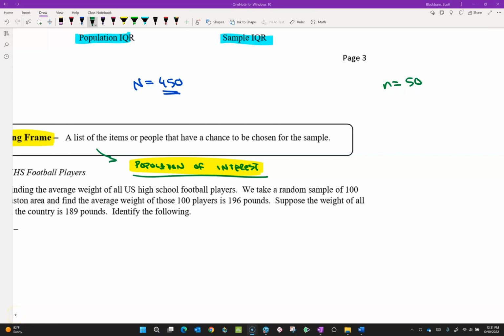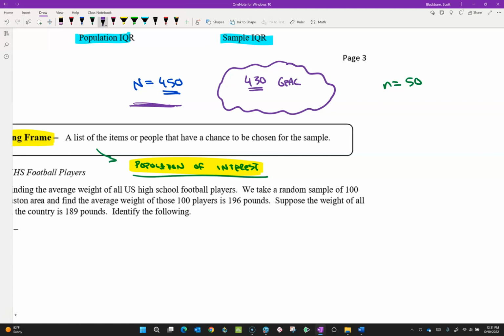So on a given day, let's say everyone is in the auditorium, and I randomly pick certain seats in the auditorium, at the GPAC during assembly or something. So the sampling frame would be all the kids that were in the GPAC on that day. But is that the same as the population of interest? My population of interest is every kid in the upper school. But maybe there's only 430 kids in the GPAC on that given day.